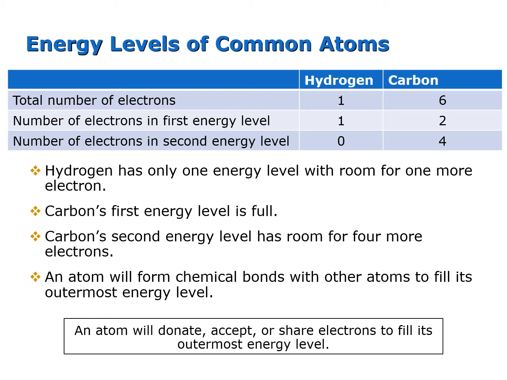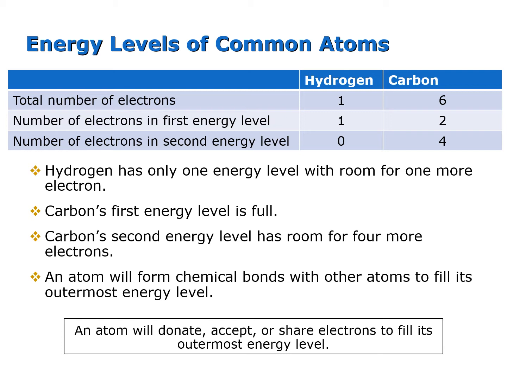The outer level of energy, the most outer level of energy or orbit, will help the atoms to form chemical bonds by putting together or sharing electrons. In other words, when we want to connect two atoms, those can either donate, accept, or purely share electrons.